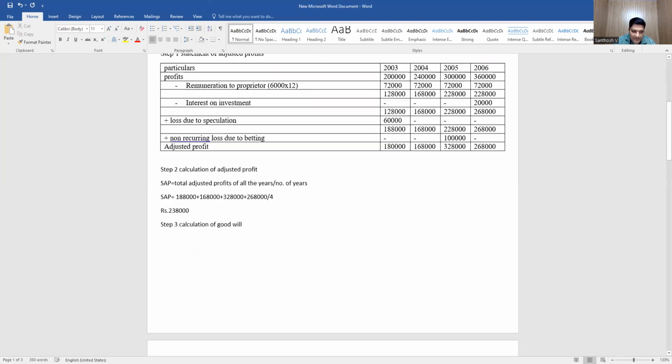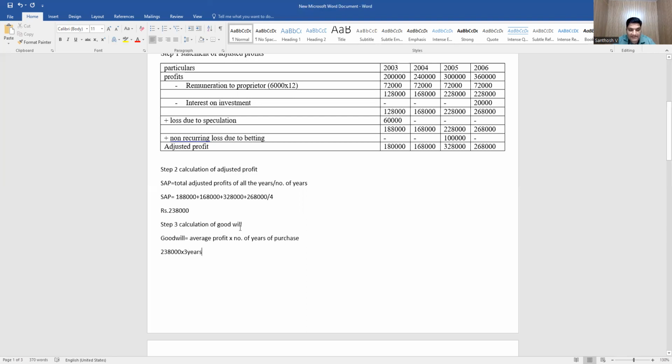So under the calculation of goodwill, this is the formula: goodwill equals average profit into number of years of purchase. From the previous step number 2, we got the amount 2,38,000, into the number of years of purchase. It is given in the question itself, that is 3 years.